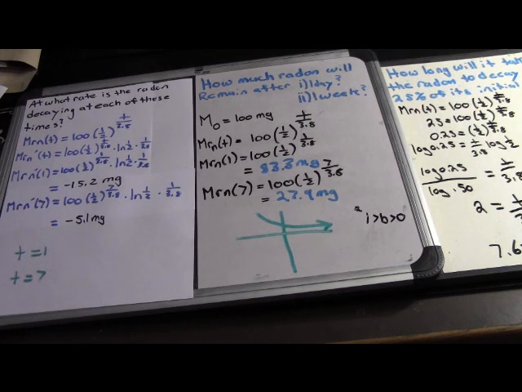So for an exponential equation, what you want to do is take your equation and multiply it by ln of the base value, and then multiply that by the derivative of the exponent.